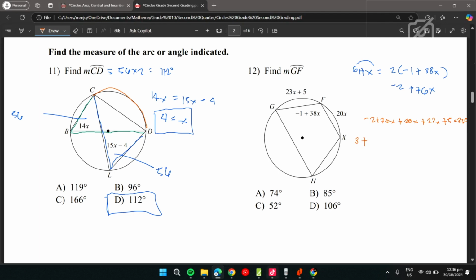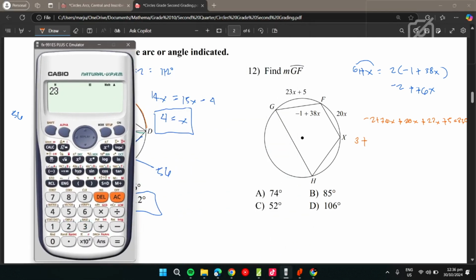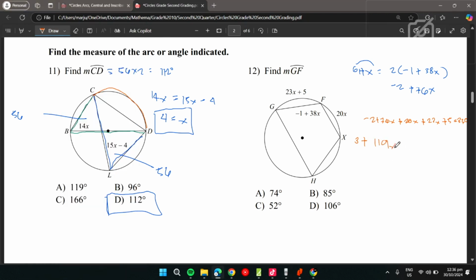And for the x terms, 23 plus 20 plus 76, I have 119x. Everything is 360.